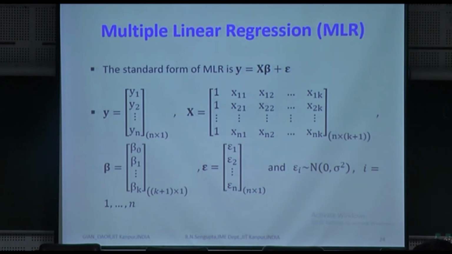Now these are written in matrix notation. So y is equal to beta naught plus beta 1 x1 plus beta 2 x2, and so forth. Let me consider very simply, for the time being, that the errors are normally distributed with 0 mean and sigma square variance. It can be otherwise also, but I take the simplest one.